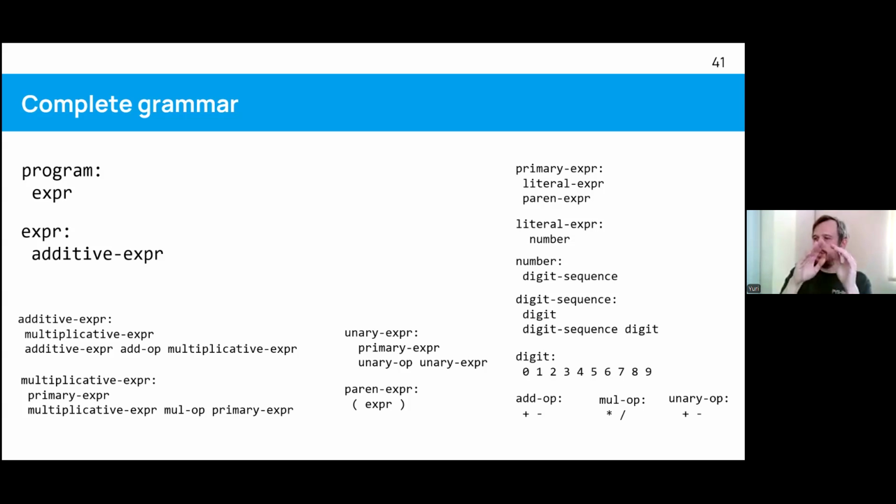Eventually, it reaches the lowest thing possible, which in this case is a literal. And then it goes up, and it collects on the way back bits and pieces of the entire program, and then they come together.